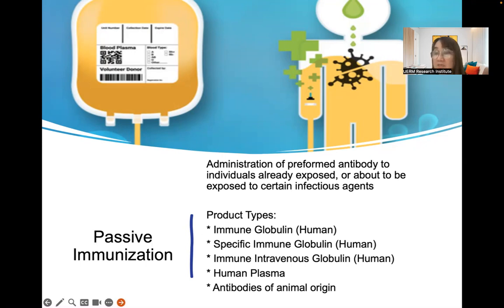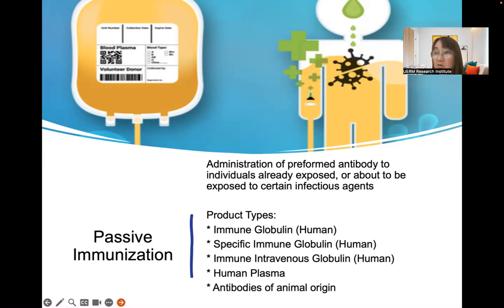Number 2, specific immunoglobulin, which is also used in some post-exposure situations but specific for the particular disease condition when time does not permit adequate protection by active immunization alone. Examples are hepatitis B immunoglobulin, rabies immunoglobulin, tetanus immunoglobulin, and varicella zoster immunoglobulin.